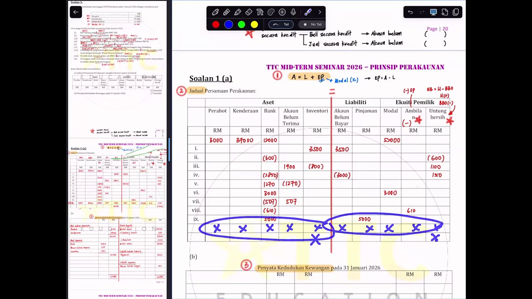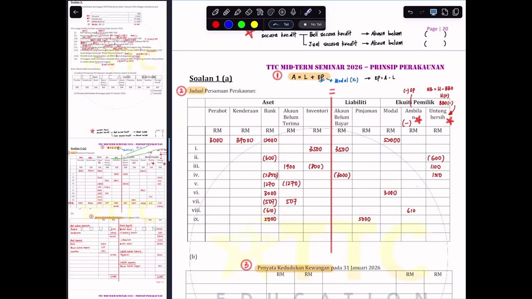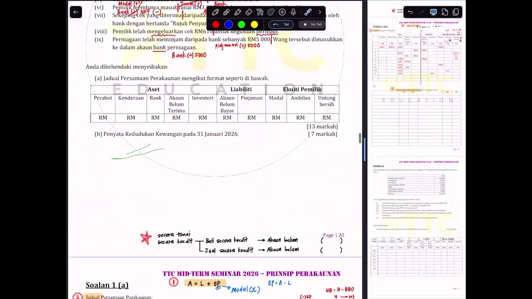But remember when you calculate the total for the right hand side, ambilan always add or minus in calculator. Ambilan always minus in calculator, although there's no bracket. Okay, to save time, calculation wise, no issue, right? Provided you press the calculator correctly. So I calculated for you already.